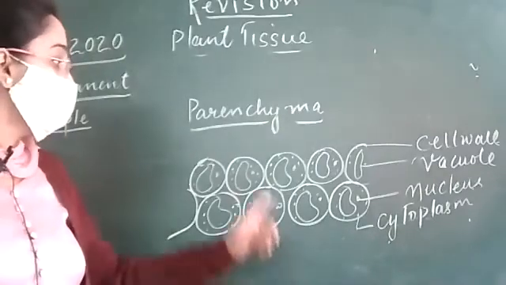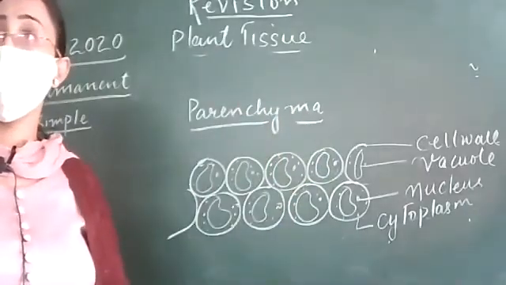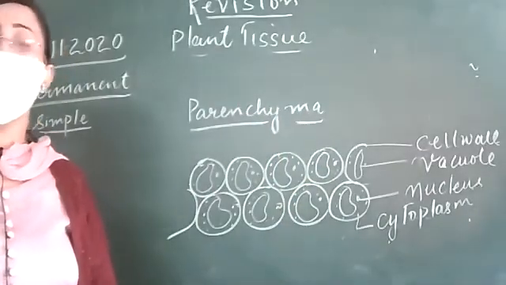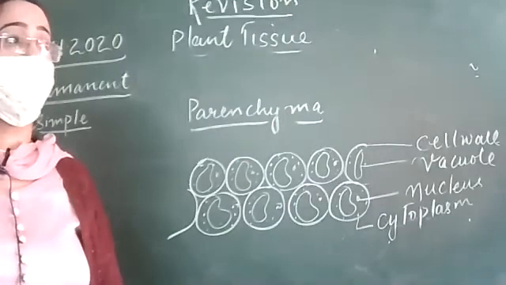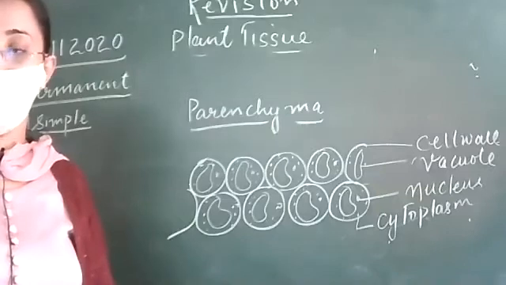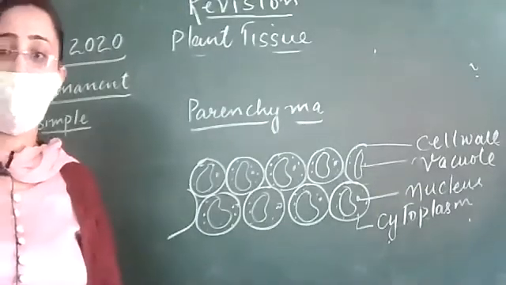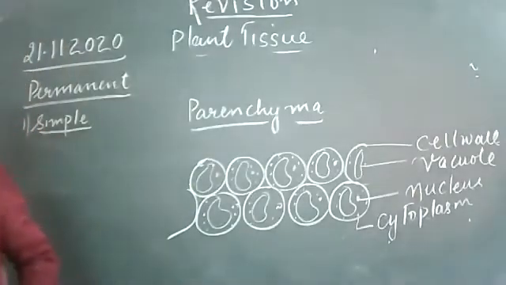ठीक? Now who will tell me the structure of the parenchyma? Ma'am, can I? हाँ, बोलो. Ma'am, the shape of this tissue can be irregular, round, oval, spherical, and isodiametric. Okay, one time you are saying irregular and second time isodiametric.